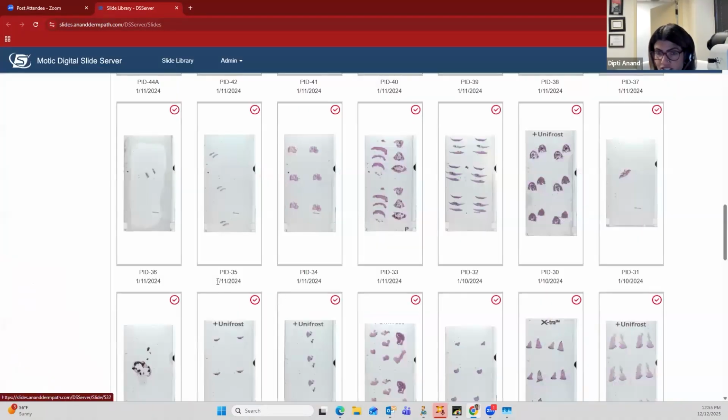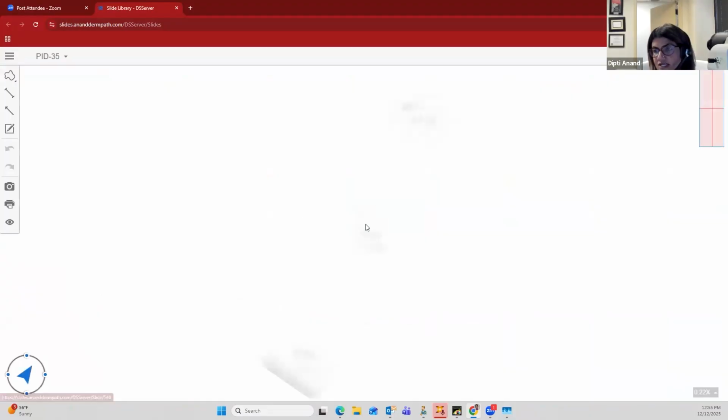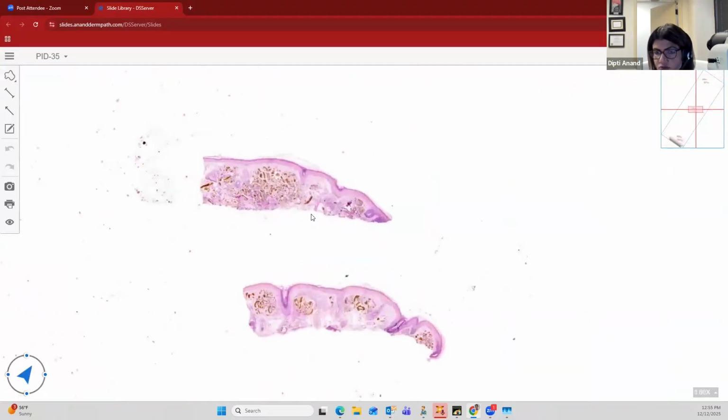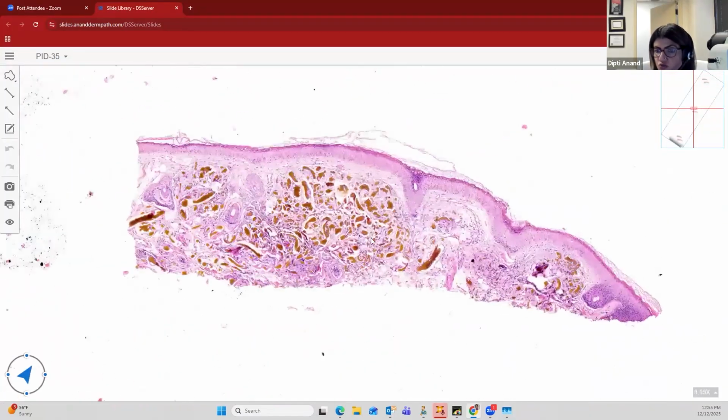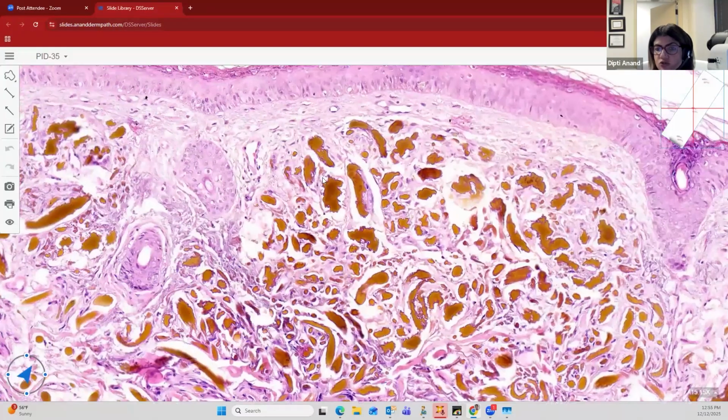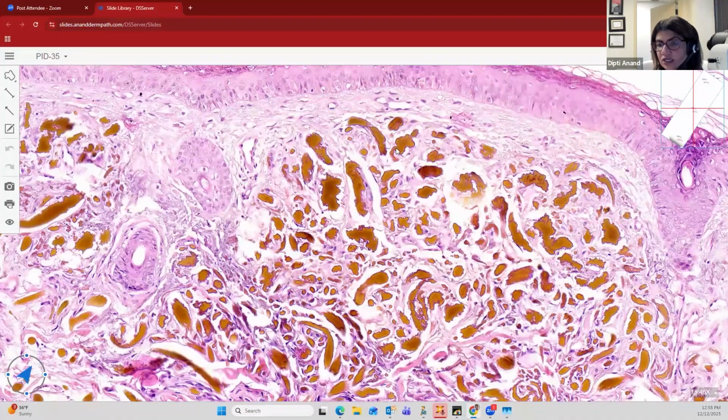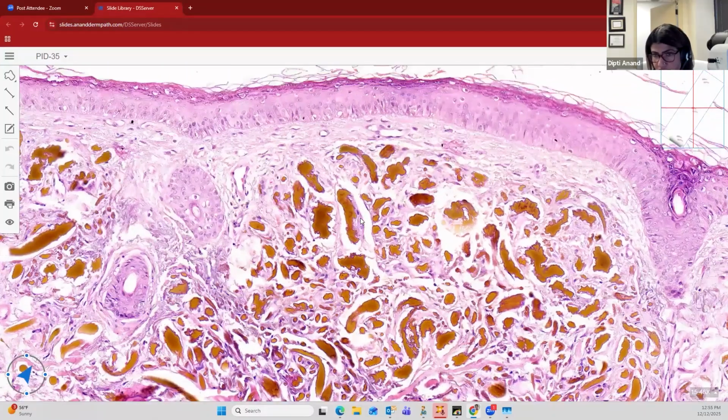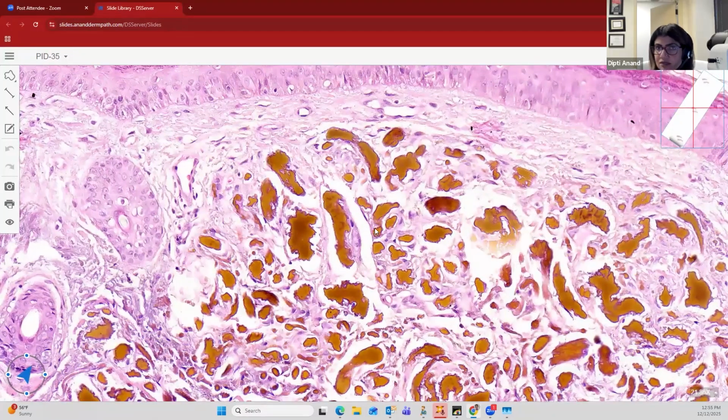Coming to your next deposition, again, extremely high yield. I think if you guys see it once, you will always remember it, and you guys have already probably seen it. This is ochronosis. So in ochronosis, you get the golden brown swollen banana bodies, which could be seen in both primary and secondary ochronosis, and will look similar.